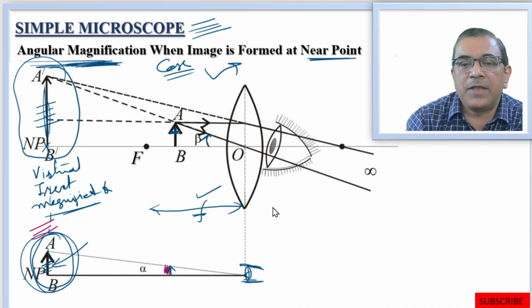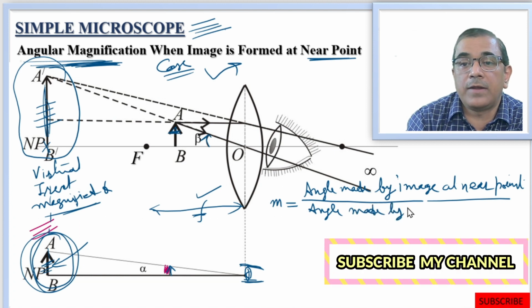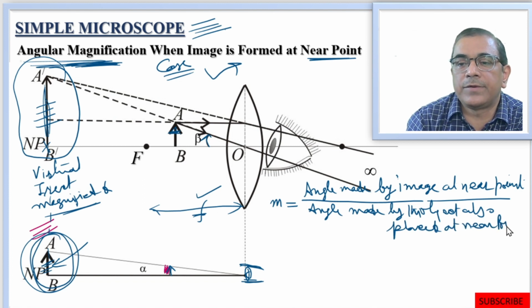So in this case, angular magnification is defined as the angle made by the image at the near point upon the angle made by the object, also placed at the near point.